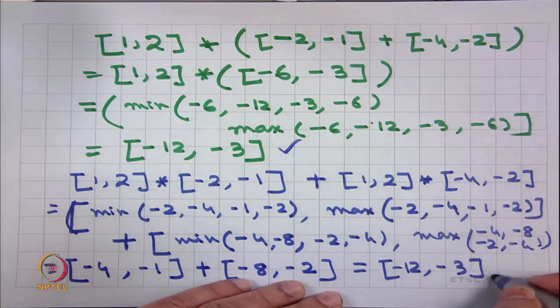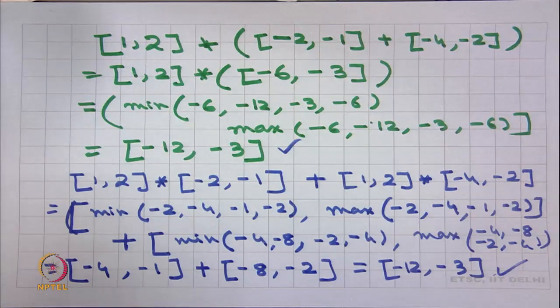Therefore, these two are the same. Therefore, distributivity holds if all the elements of B and C have the same sign.